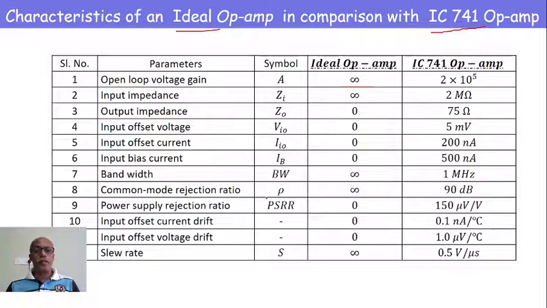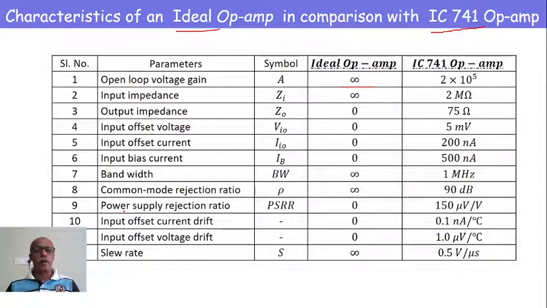And the next characteristic is the common mode rejection ratio represented by the symbol rho, and the CMRR is infinite for the ideal op-amp, whereas for IC 741 it is 90 decibel.